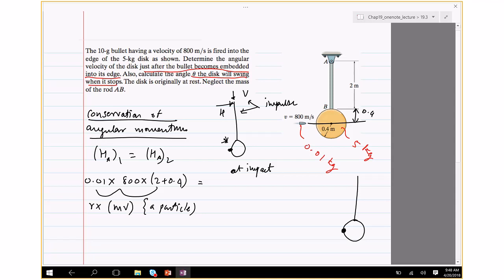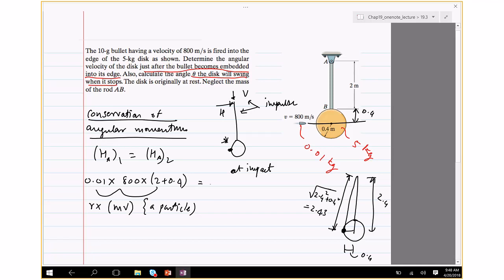It's not given where the bullet gets embedded, but we're going to assume that it gets embedded here. That's how the book does it. So if this is 2.4 and this is 0.4, then this length can be found by Pythagoras theorem, which comes out to be 2.4 squared plus 0.4 squared, square root, equals 2.43.